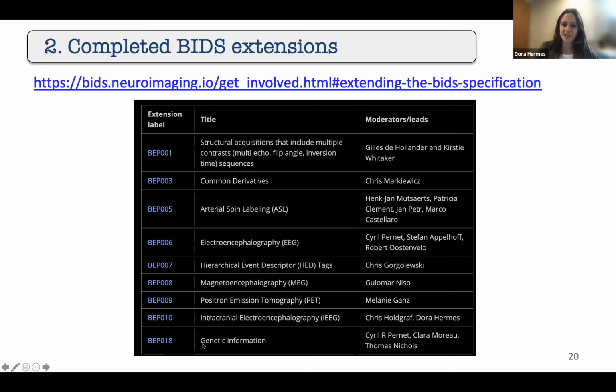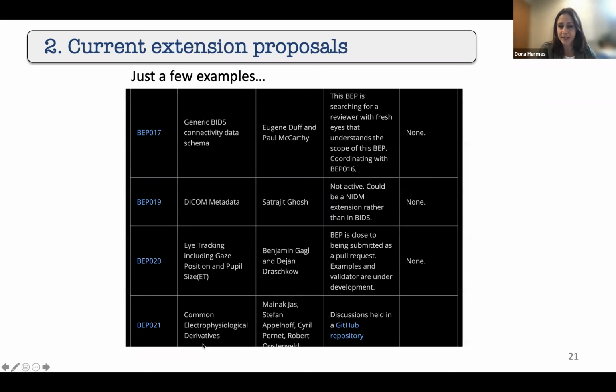So you can see that BIDS is rapidly growing and already includes many different formats. And these are examples from ongoing efforts: for example, connectivity schema, eye tracking, and electrophysiology derivatives, where we think about how we're going to store data that are derived from the raw data sets.